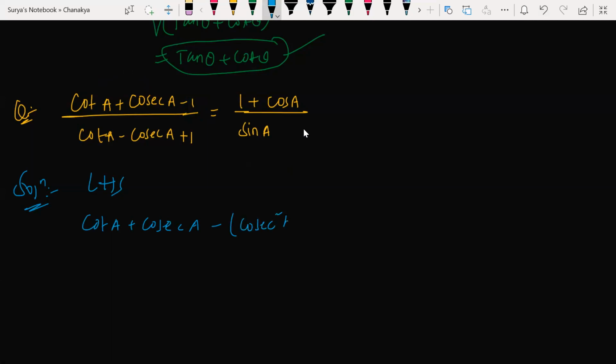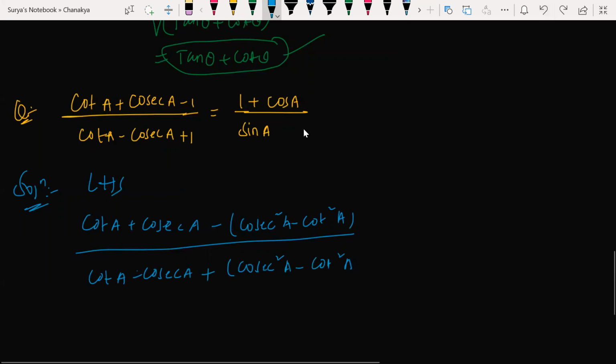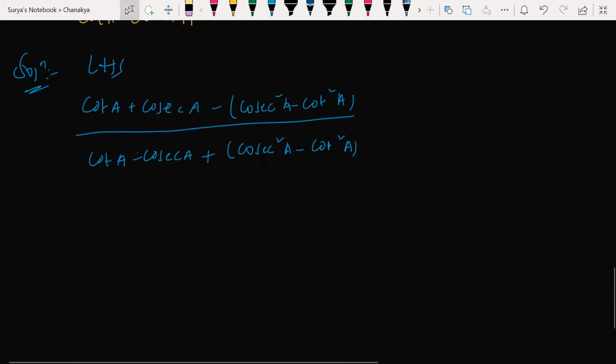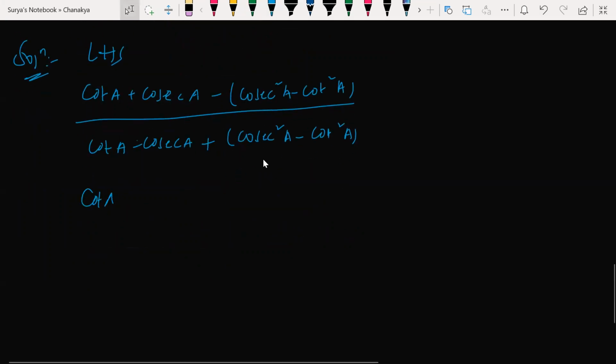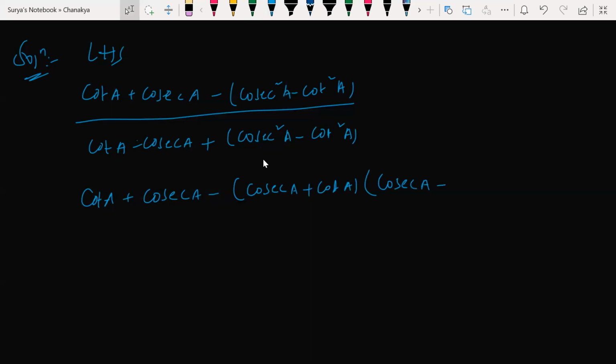Cosec square a minus cot square a, all divided by cot a minus cosec a plus 1, isn't it? So cot a plus cosec a minus cosec a plus cot a, using the square minus b square formula. Can I write like this?